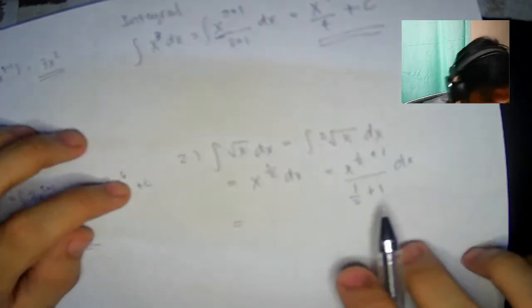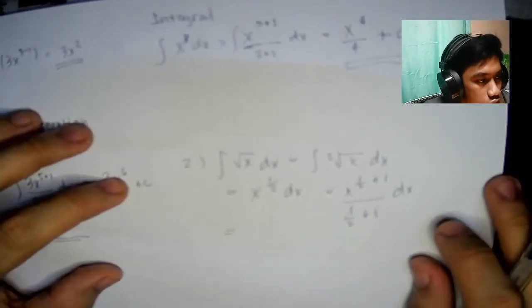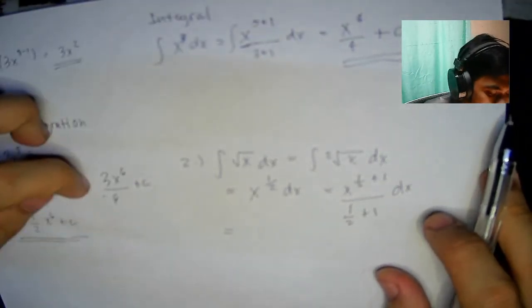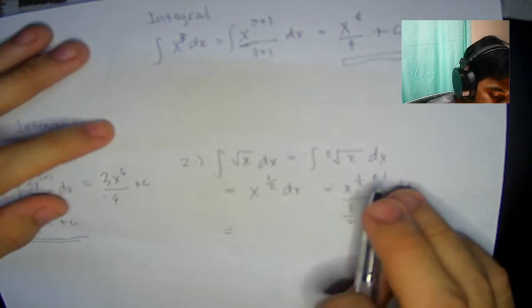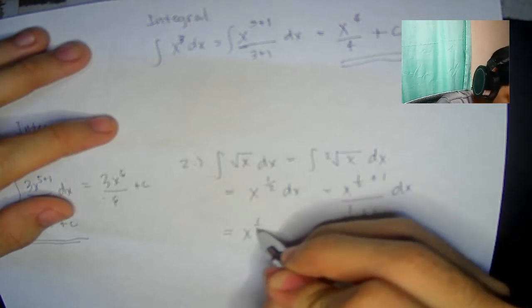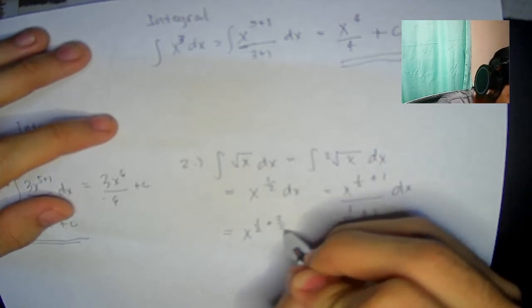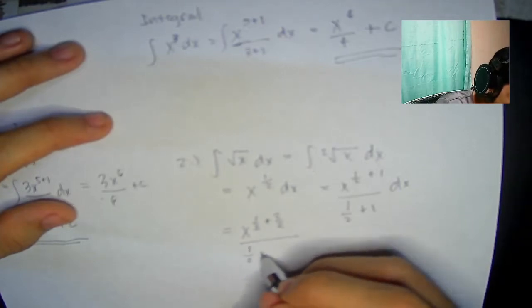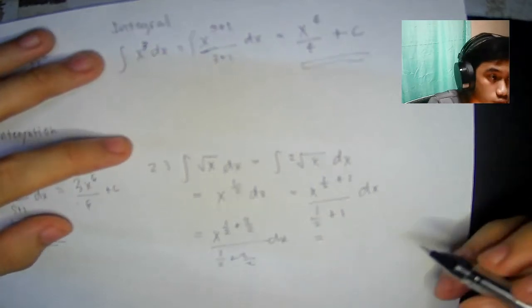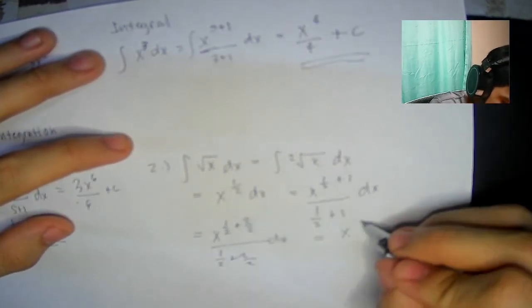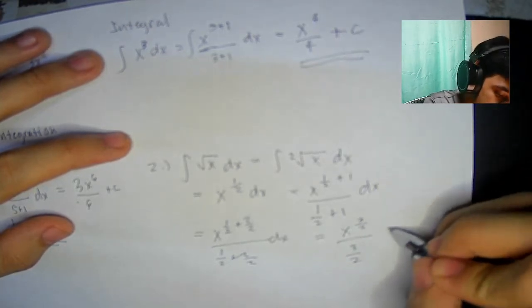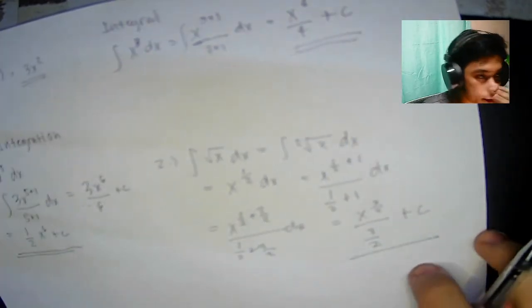We can't put a mixed fraction, so we'll just use basic math: 1/2 plus 2 over 2, so it's equal to x to the 3/2 over 3/2, plus c. So this is our answer.